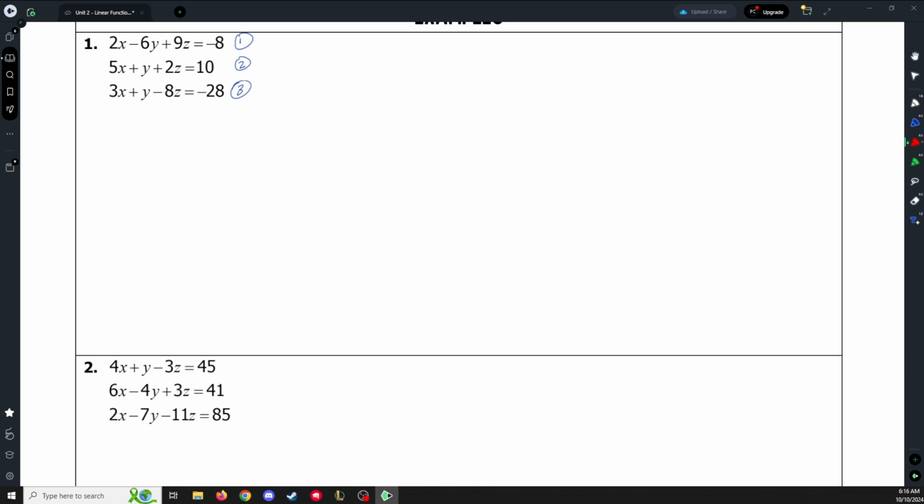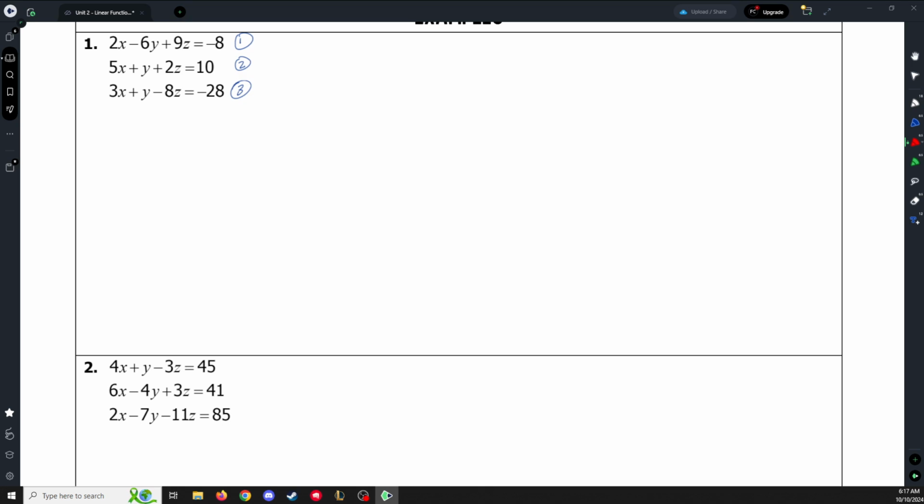If I look at, for instance, in number 1 here, the x's, to go from 2 to 5, I have to multiply by something that's not easy. So it's 2.5, and you can do it. You can multiply the top equation by negative 2.5, and then you could eliminate x's. But that's not very easy, especially when you take 2.5 and multiply it by 9, because you're going to get another decimal.